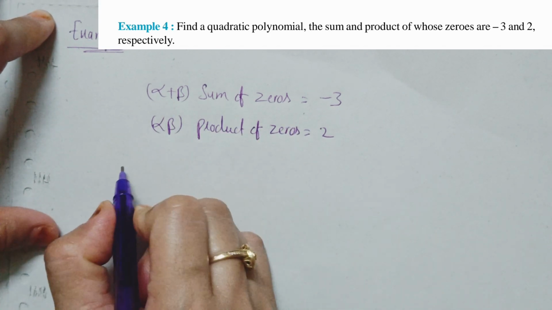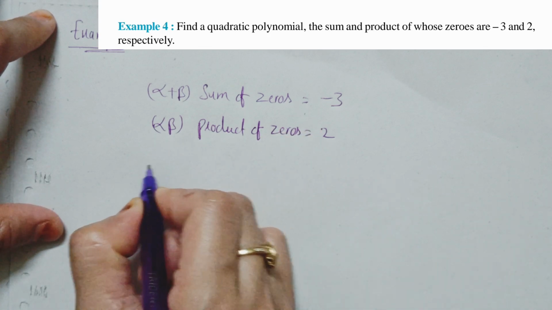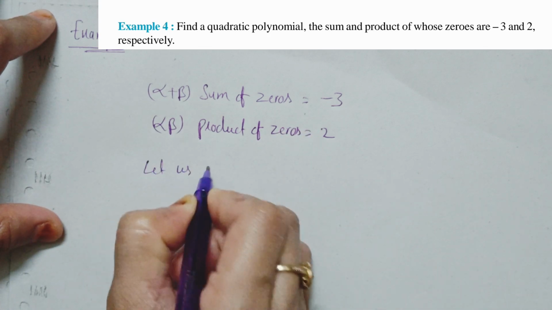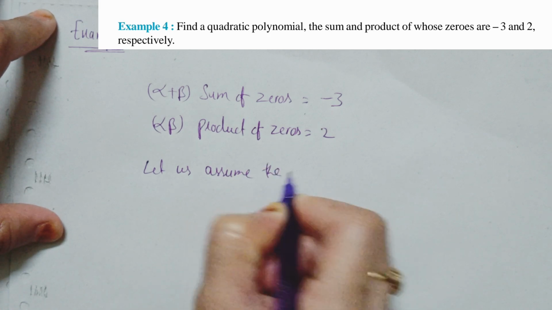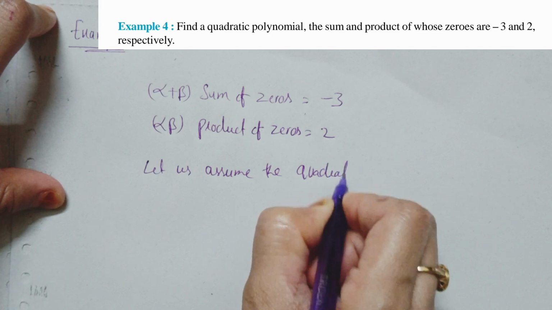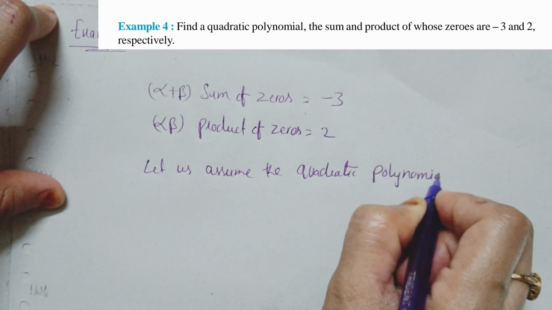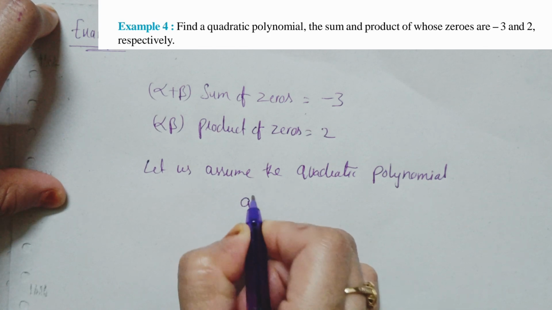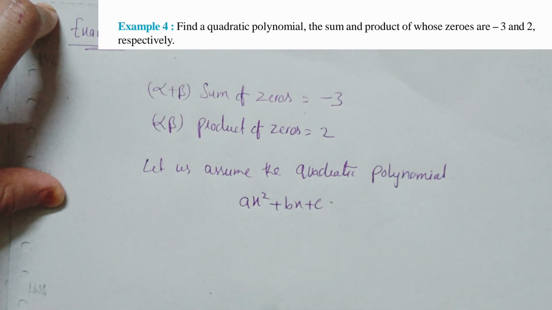Let us assume the quadratic polynomial as ax square plus bx plus c.